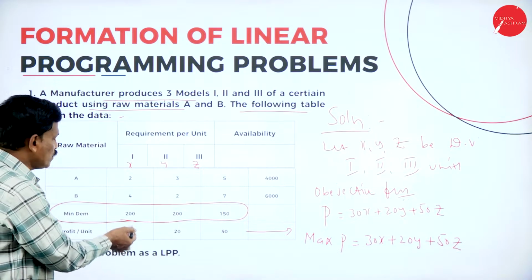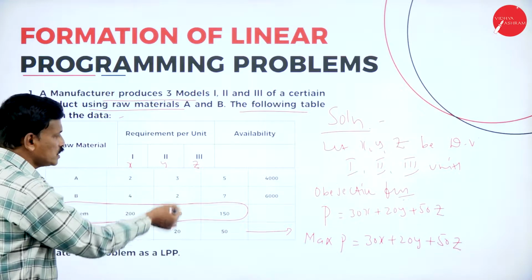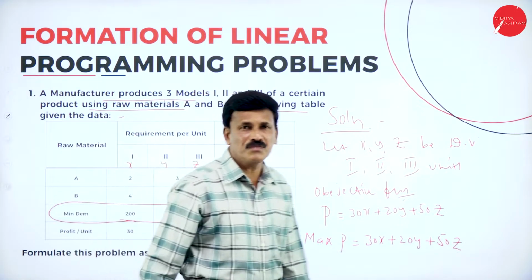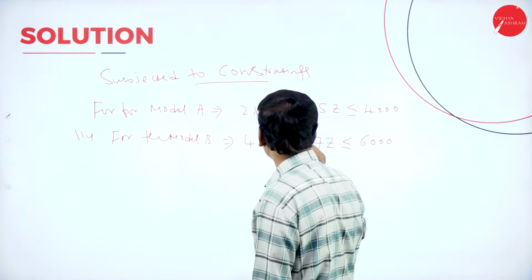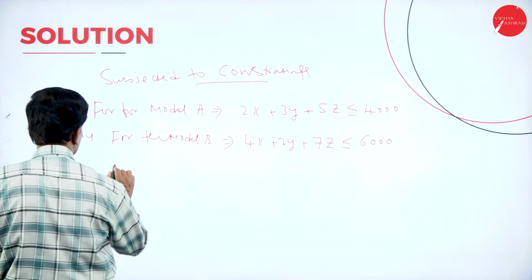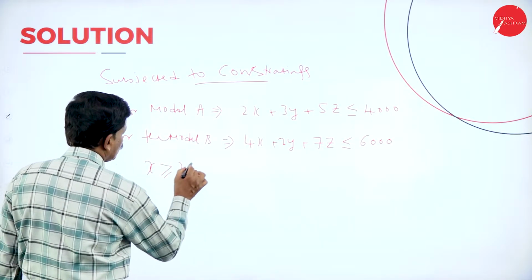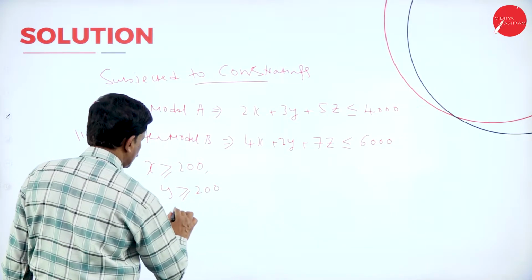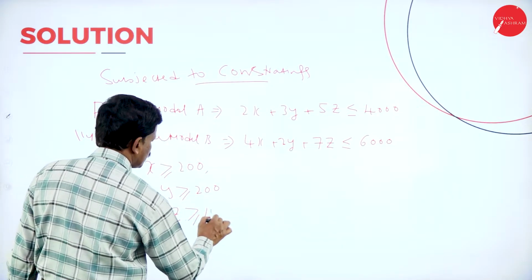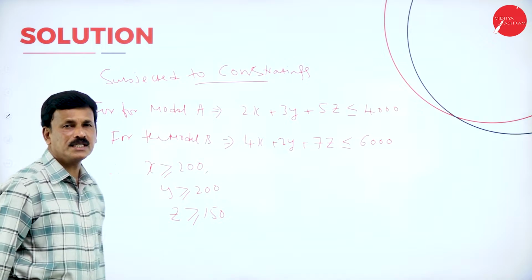The decision variables are x, y and z. So therefore, x is greater than or equal to 200, y is greater than or equal to 200, and z is greater than or equal to 150.